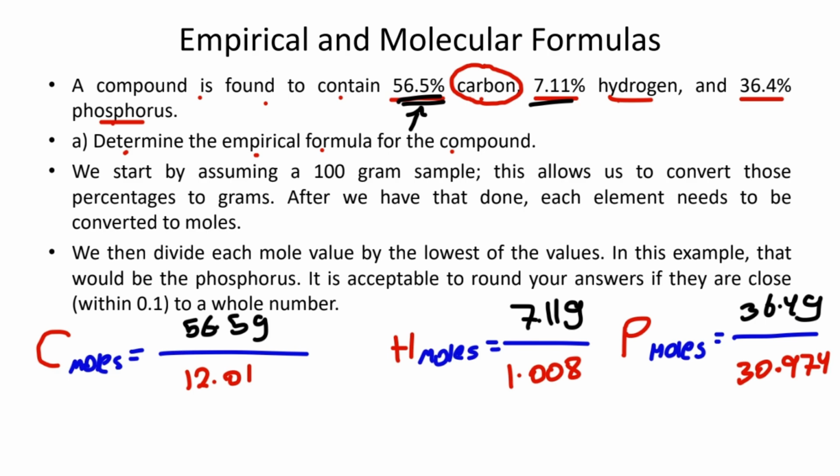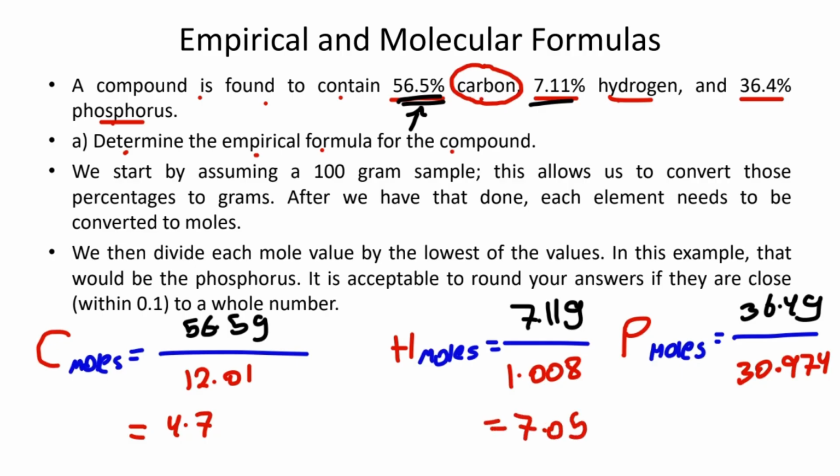Okay? Now we are going to find the moles of each of these elements using the calculator. 56.5 divided by 12.01 equals 4.7. And for the hydrogen, 7.11 divided by 1.008 equals 7.05.